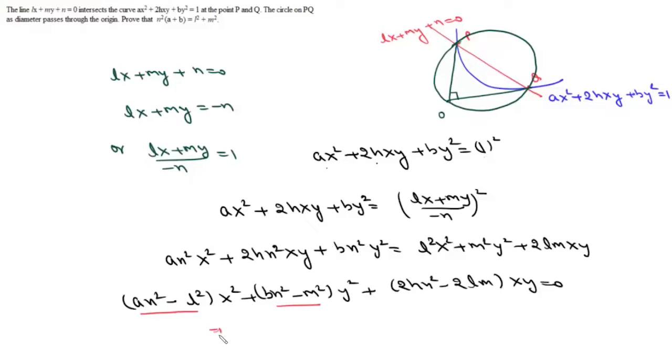So from here, if this angle is 90 degrees, then the condition that we'll get is (an² - L²) + (bn² - m²) must be 0, or we can write this as (a + b)n² = L² + m², and this is what we need to prove in this question.